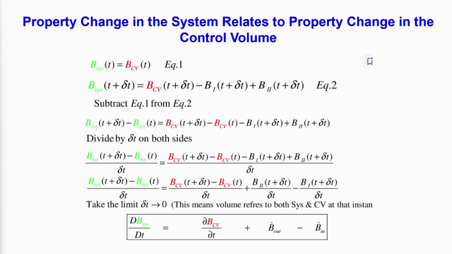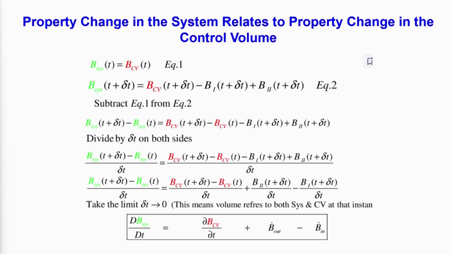So, the left hand side we can write as a total derivative. Why? Because it is the rate of change with respect to the system, but we will write its expression with respect to Eulerian variables. Anything which is fundamentally Lagrangian, but we are expressing through changes in the Eulerian variables, usually we use the total derivative. Right hand side, the first term is at a given location how the B changes with time.